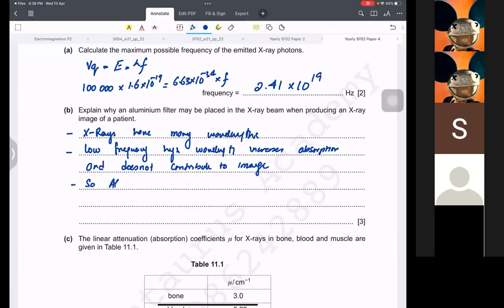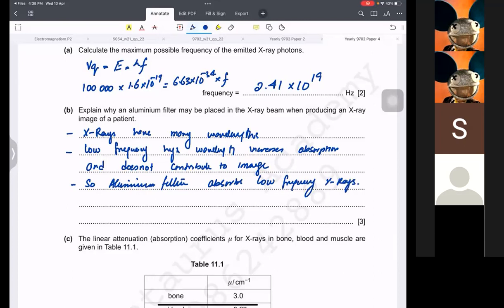So the aluminum filter absorbs low frequency X-rays. Is it clear?